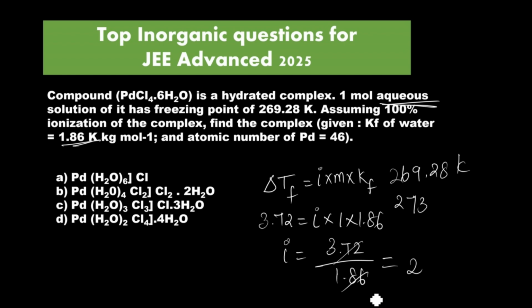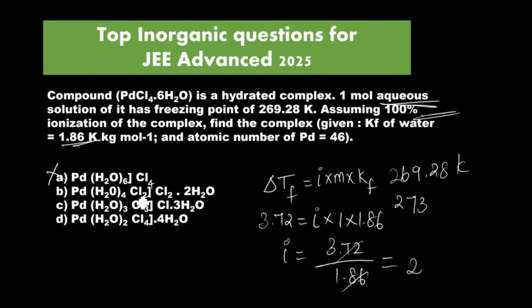i equal to 2 means 2 ions have been formed, because they already mentioned 100% ionization. So the complex must form only 2 ions. There is a mistake in the option, this must be 4. Here the first option is not matching with the formula given, so it is not correct.